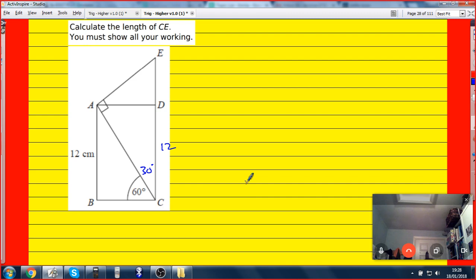So then that can help you do AD. Right. But then you have the extra triangle on the end. So we have to figure out some way to find ED or CE or something.